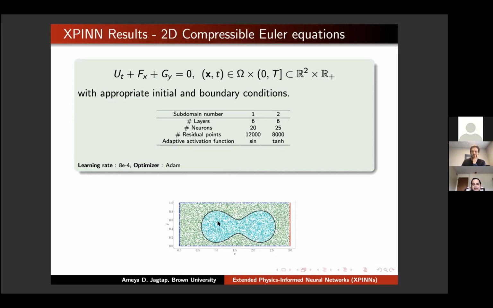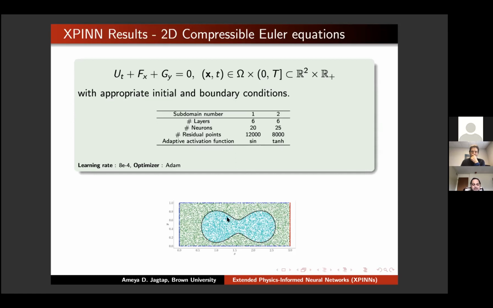You can see that we are dividing this domain into two subdomains. Again, a peanut-shaped subdomain 2 and outer subdomain 1. So here actually the shock is penetrating these subdomains and reflecting back.